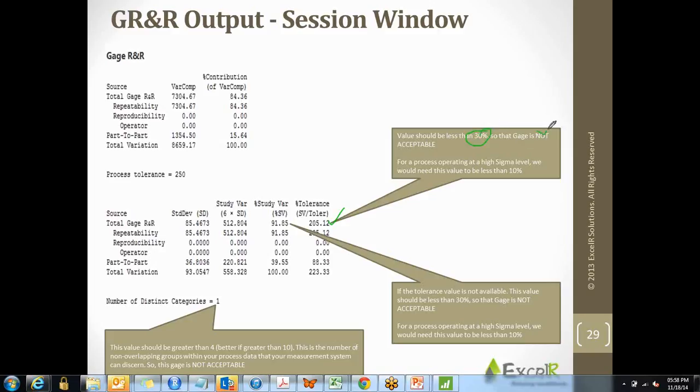So this gauge is not acceptable. Why is it not acceptable? Because this value, 205.12, is greater than 30%. For a process operating at a high sigma level of what?